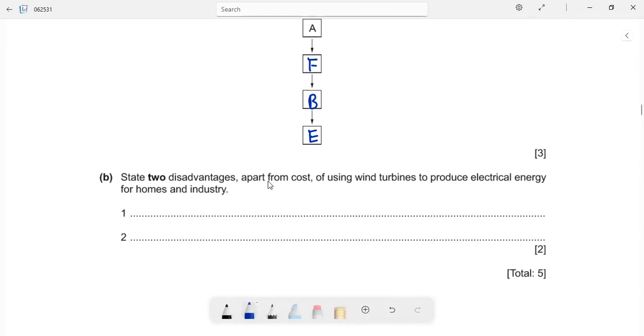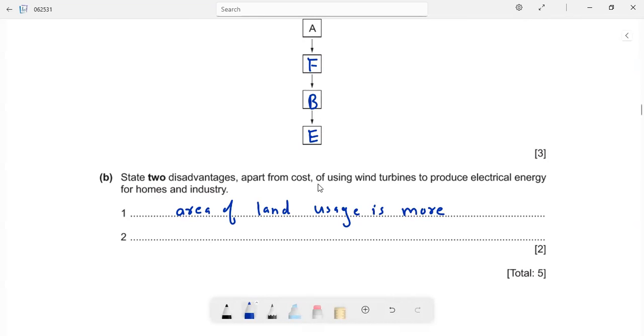State two disadvantages, apart from cost, of using wind turbines to produce electricity for homes and industry. So what is the disadvantage in using wind turbines? Here the area of land required will be more. Area of land usage is more in the case of wind turbines.